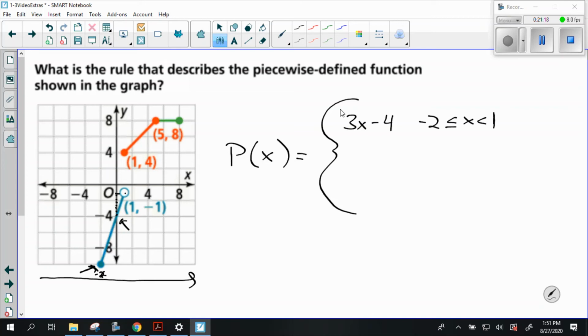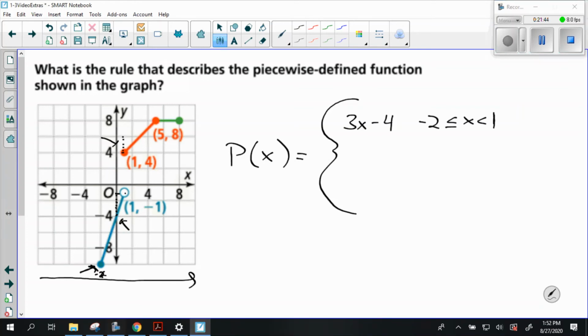The red one, it looks like it has a slope of, what are we doing? It looks like I'm going up 2, over 2, up 2, over 2.